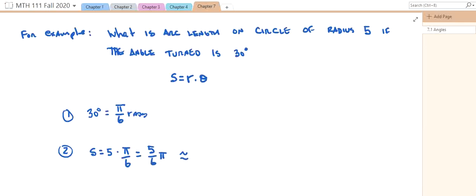But if you're going to estimate it and calculate it using the calculator, then this is approximately 2.62. If the radius was 5, then the arc length, if we spin 30 degrees, is 2.62. So if it's 5 inches, that's 2.62 inches. Let's just put this in inches, so we'll have some units here. Inches and inches here.